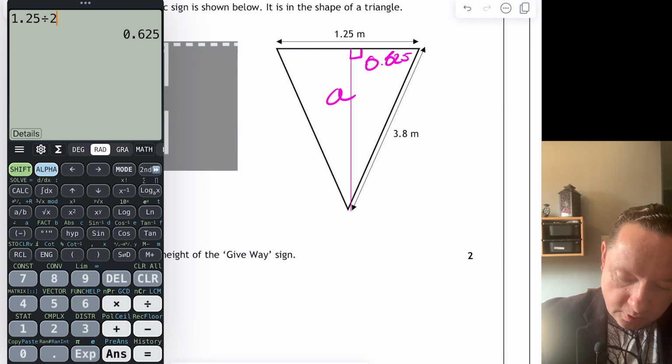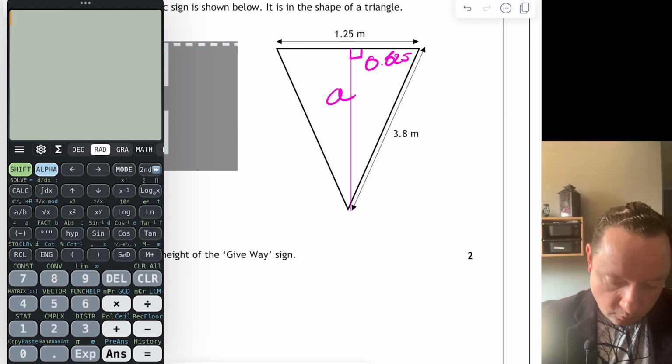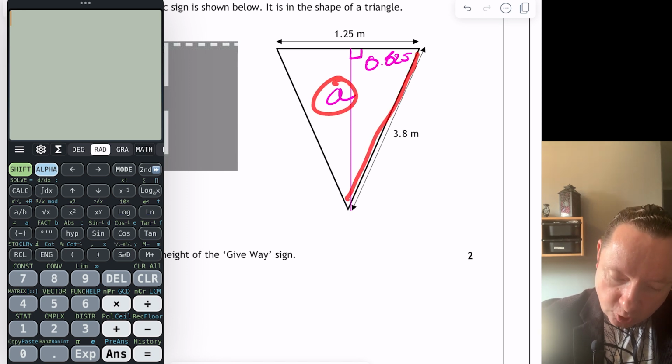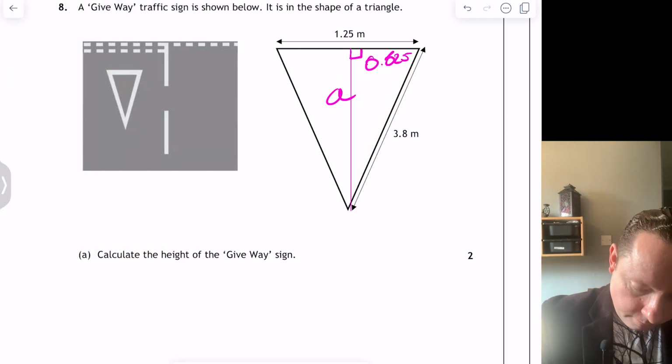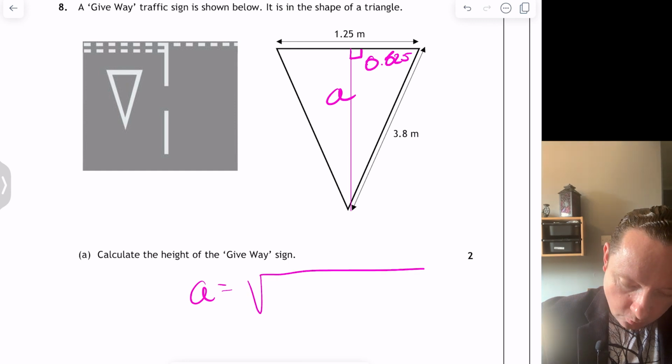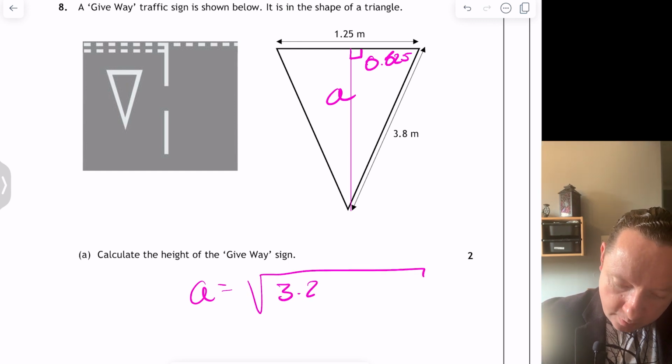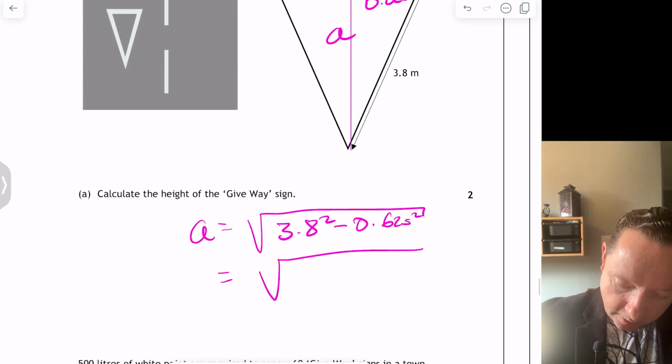So remember, from the start of the exam paper, A squared plus B squared equals C squared. And a lot of people think you need to add, but you only add when you find the long side. C is the long side. If I find one of the shorter sides, and I know the long one because it's opposite the right angle, I take away. So to get A, I do the square root of 3.8 squared minus 0.625 squared.